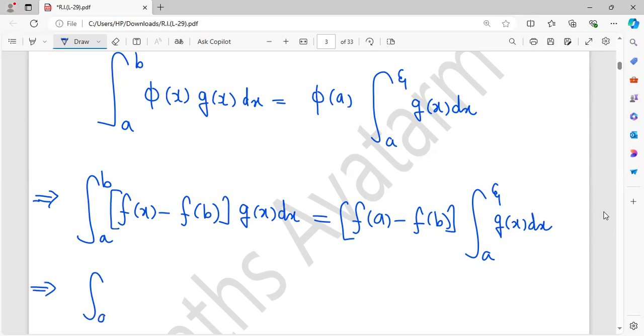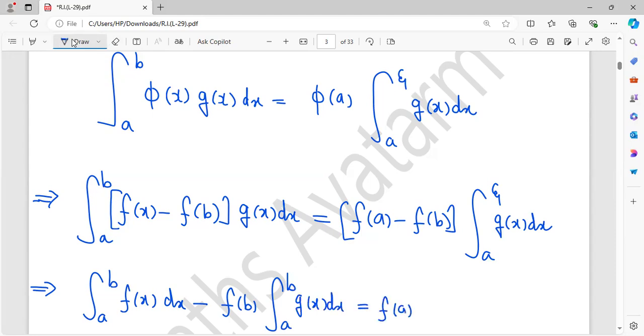What you will get? Integral a to b f(x) g(x) dx, minus f(b) integral a to b g(x) dx, equals f(a) integral a to ξ g(x) dx minus f(b) integral a to ξ g(x) dx. Okay.